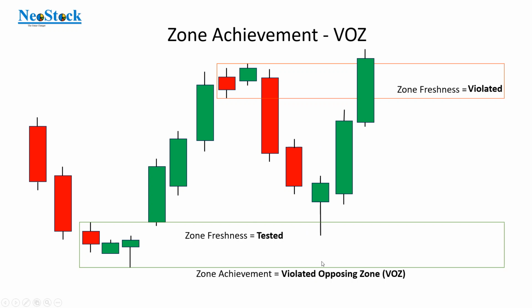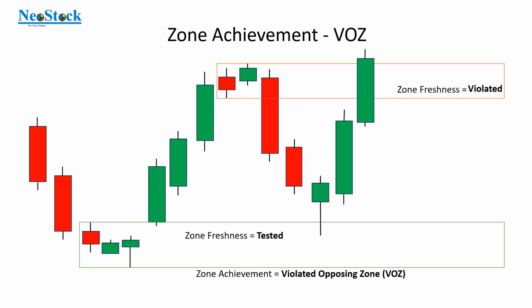It's the immediate demand zone, the demand zone that is available just below the supply zone. That gets the achievement. The meaning is the demand in this zone is so powerful that it is able to break its opposite side zone.